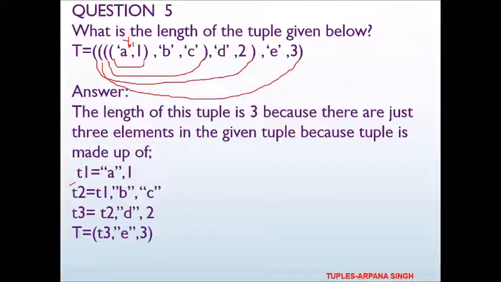Then this whole is T2, T2 comma D comma 2, that is T3. Then this whole is T3, then T3 comma E comma 3, this is final T. So if you find the length of T, there are 1, 2, 3 elements. So the answer will be 3.